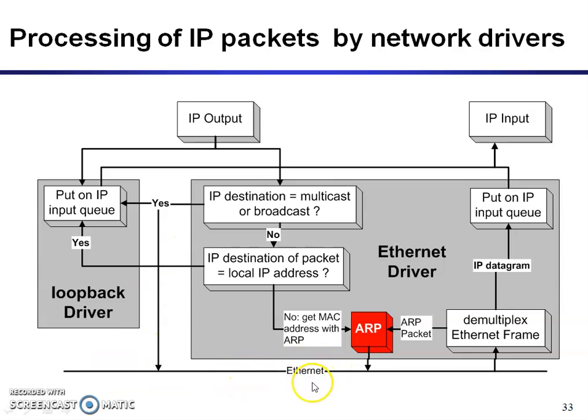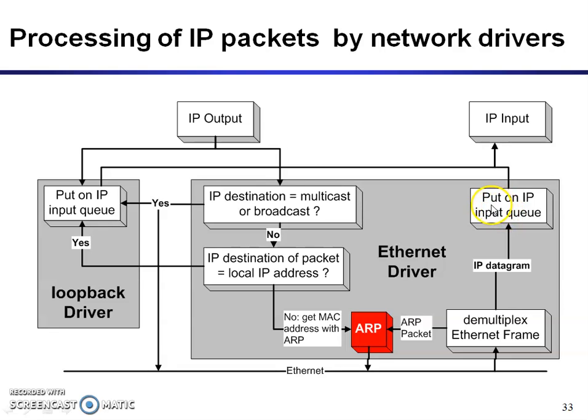Once the frame comes on the Ethernet, there is a demultiplexer. The input is the frame, and the output is the IP datagram, which is put on the IP input queue. Here it is, the IP input queue.